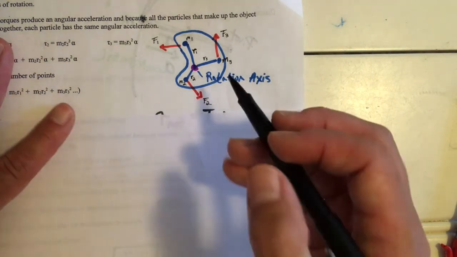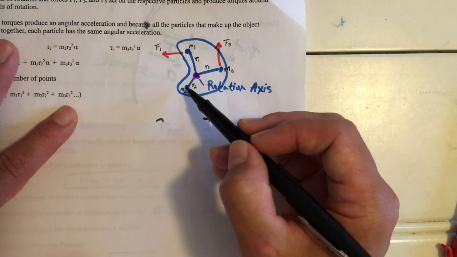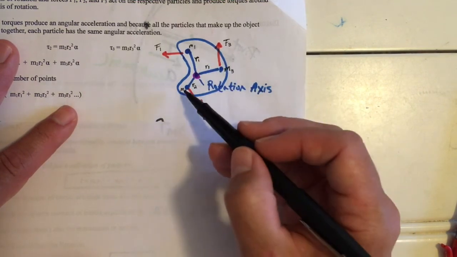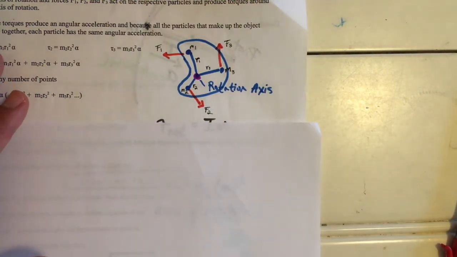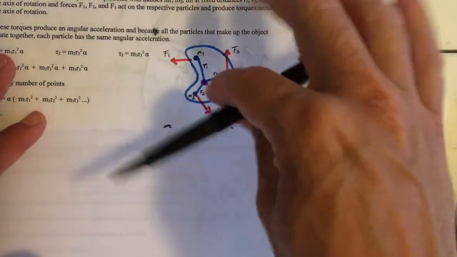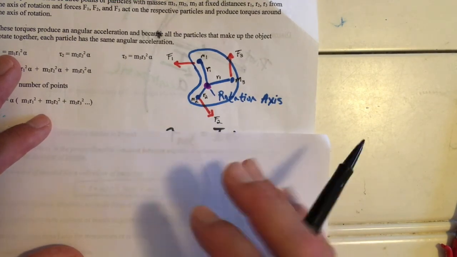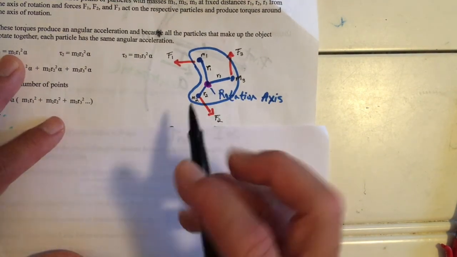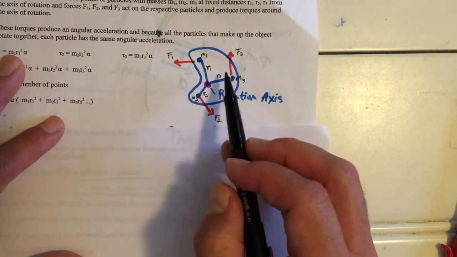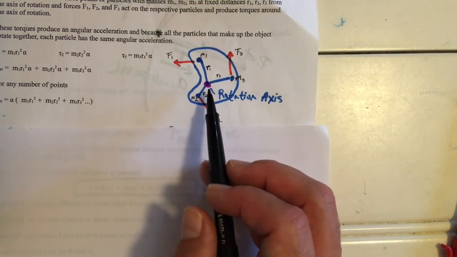In this case, we have an object that consists of its mass acting at three points, M1, M2, and M3. As it rotates this way and speeds up, it's caused by a torque, a force on all three of these masses about this axis of rotation.